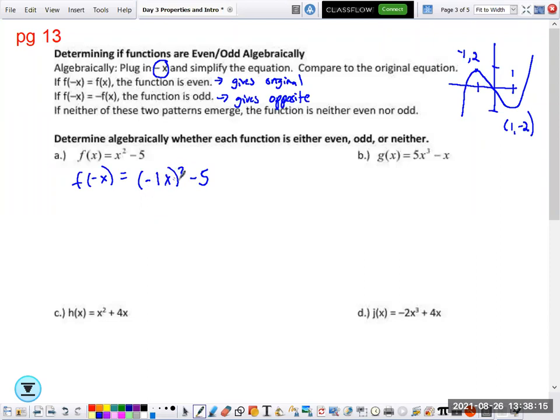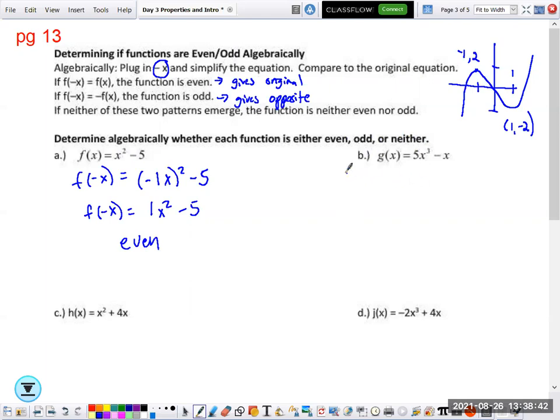Negative x and negative 1x are the same thing. So when I square negative 1, I get 1. If I square the x, I get x squared, and then I bring down the 5. And I see that this function is exactly the same as x squared minus 5. That means this function is even.